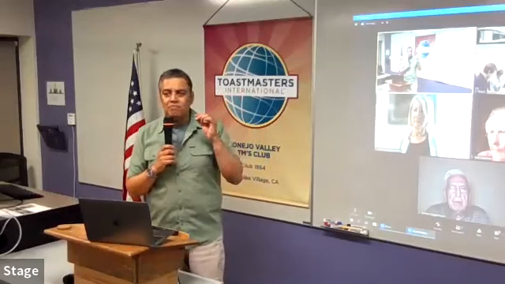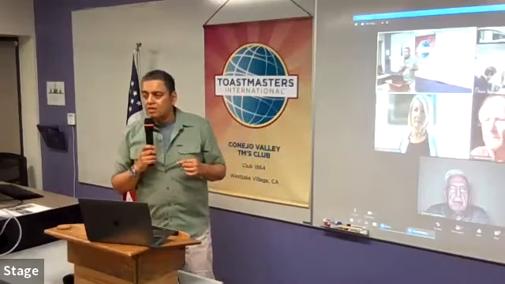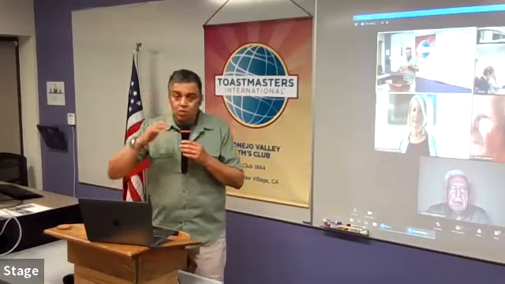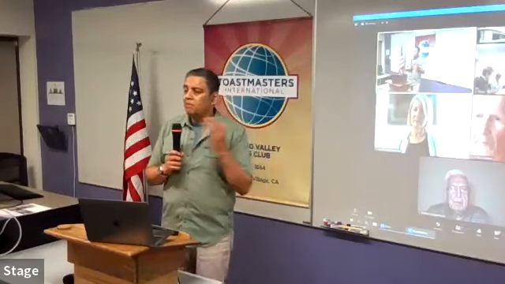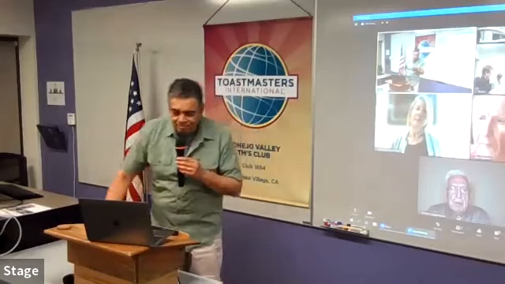And if you have been assigned a role or if you signed up for it, you also need to confirm. We're noticing that a lot of times the roles don't get confirmed, and so we're not sure if the person's going to show up or not. And so we end up texting them. So please confirm. And if you can't make it, then drop that role so someone else can have it.